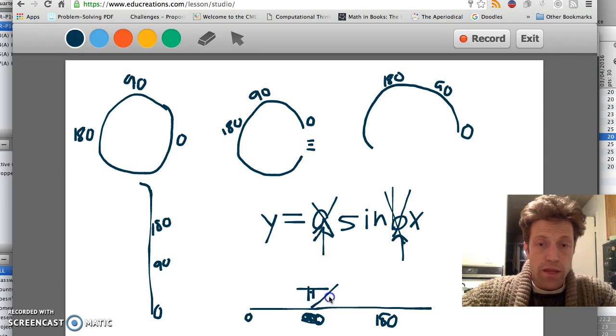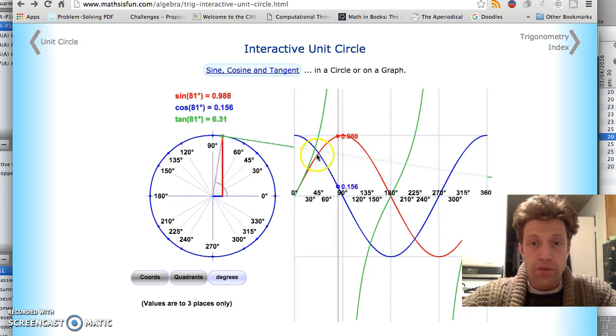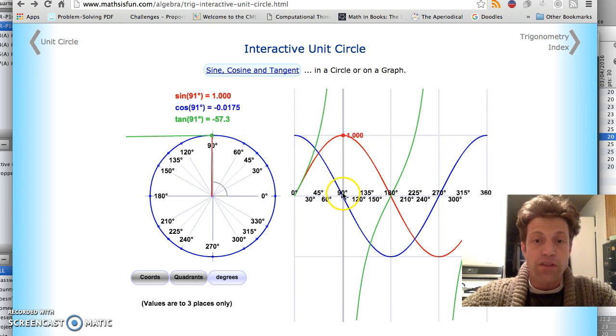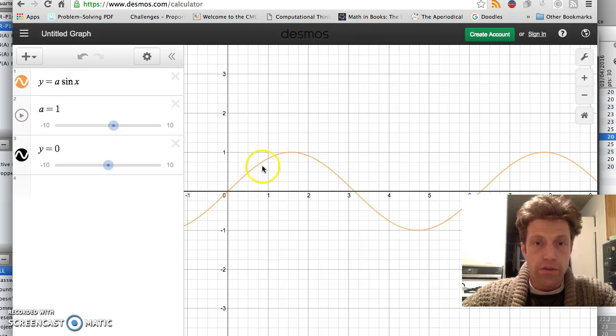And we don't have 180, we have pi. And that's important because when we bust up our graph into its 4 parts, we're going to want to make sure we graph it correctly. This is going to be 0, but that's going to be pi over 2, and this is going to be pi. And if you want to see that, we'll look right here.